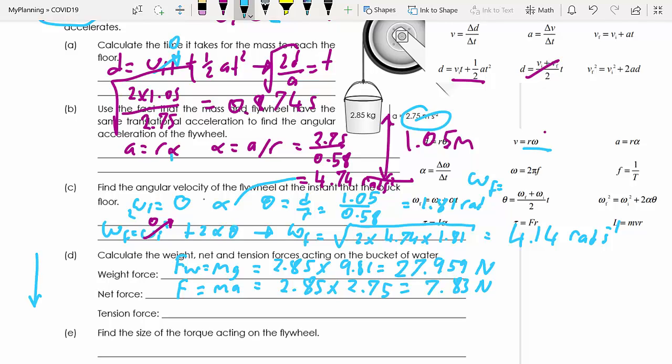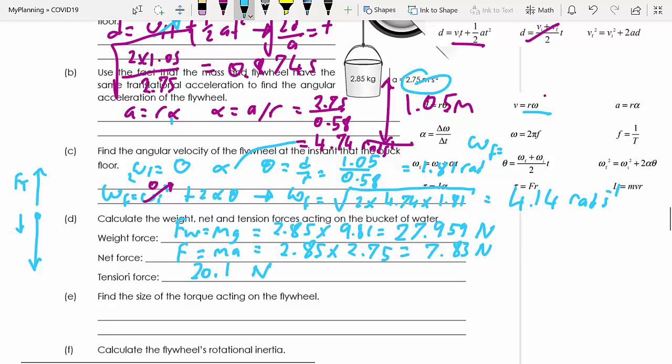And so what's the tension force? Well, there's a large force downwards, and the net force is that, and so there must be a tension force up, which must be the difference between these two. And so I'm going to subtract them. So I'm going to go 27.9585, take away 7.8375, and that's going to be 20.1 newtons.